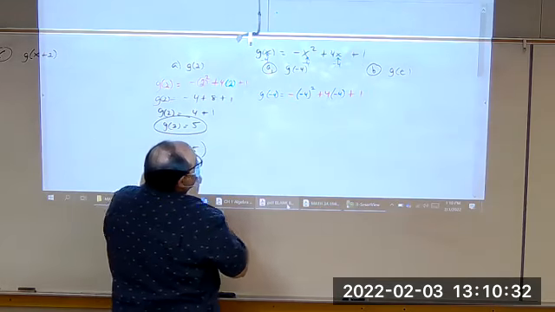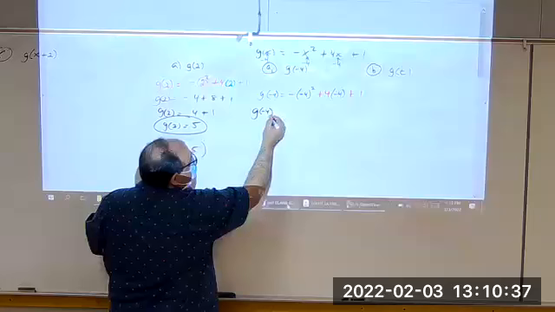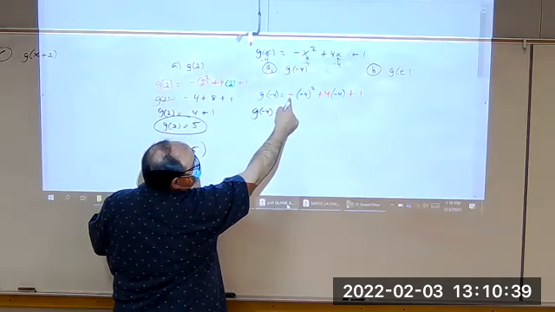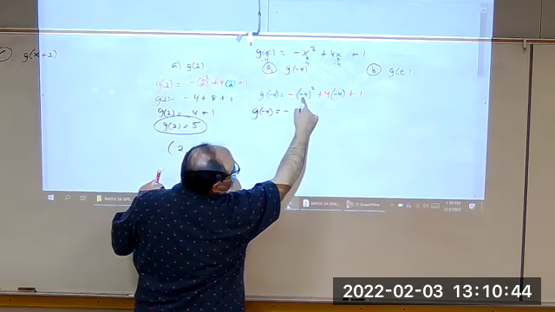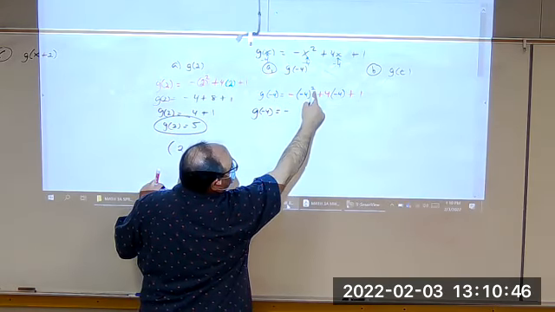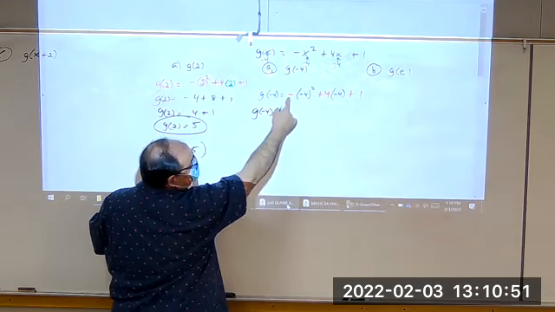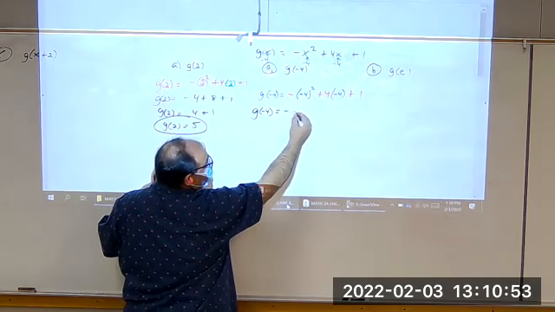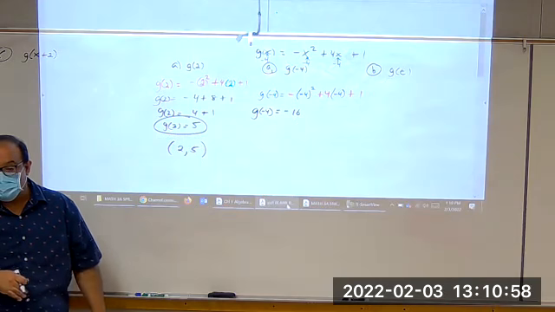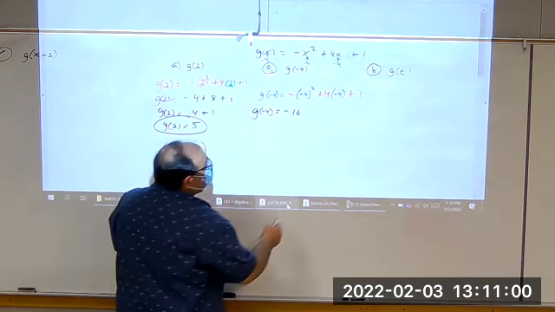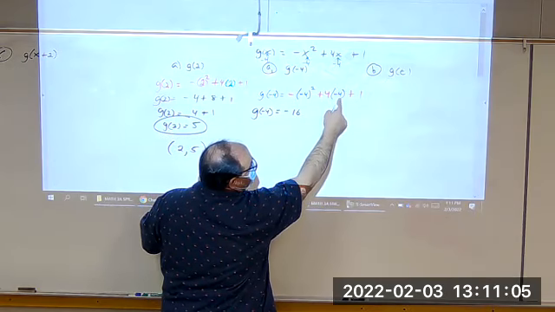So that G of negative 4 is equal to, there's a negative down in front, so that doesn't change. And then this negative 4 to the second power. A negative 4 times a negative 4 is a positive 16. So you have this negative in front of your positive 16, which makes it a negative 16. And then we have a positive 4 times a negative 4.